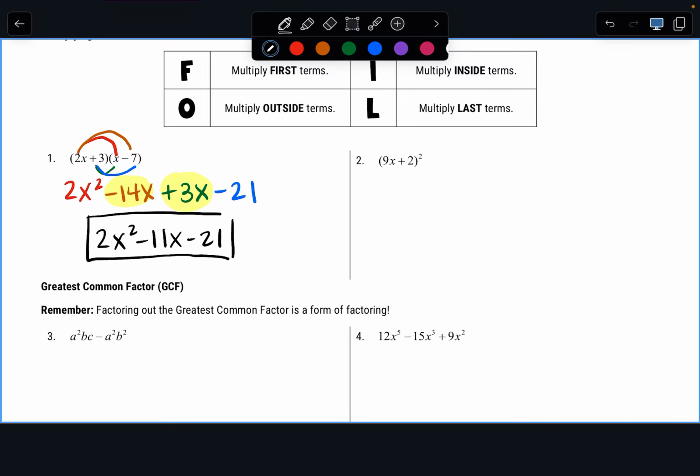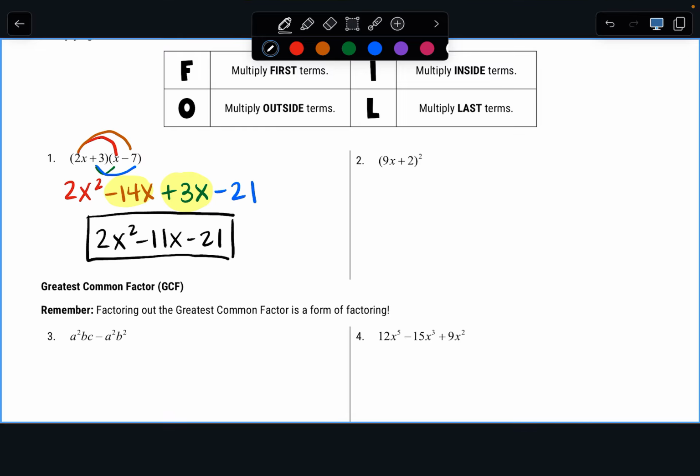So this is the reverse of factoring. It's multiplying. Factoring is a form of division. Multiplying is a form of multiplication. So we always include number 2 because a lot of people want to make the mistake of seeing that exponent on the outside and they want to distribute it to both terms on the inside. And that's partially correct, but you're not going to get the full answer that you need.